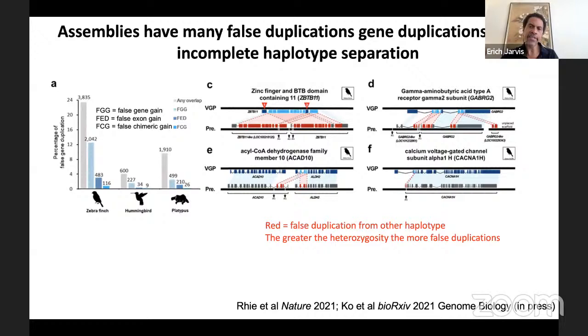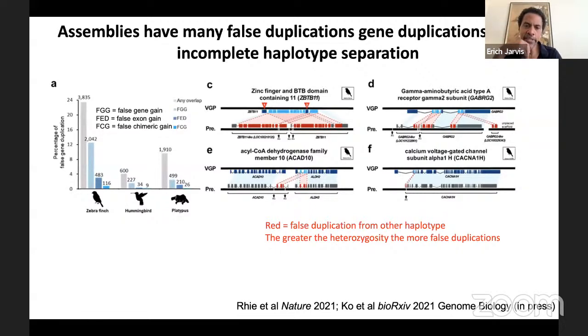It's not only that there's data that's missing, but there's also data that's extra that should not be there in these old assemblies. For instance, here, these red labeled exons are a duplicated gene that was thought to be a gene duplication for this zebra finch, but it turns out it was the two alternative haplotypes not being properly phased in the assembly process.